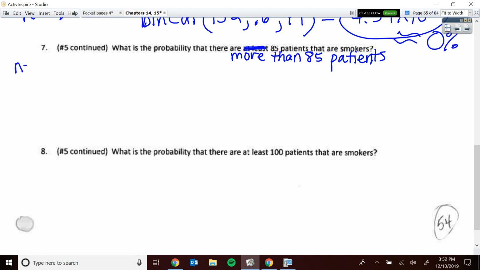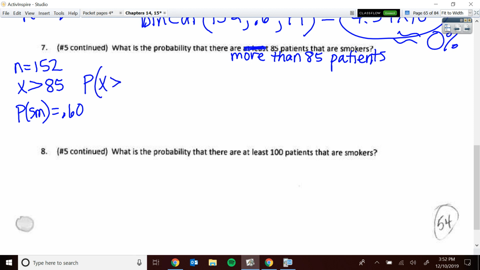So we still have 152 patients. We want greater than 85, and our probability of being a smoker if you have lung cancer is 0.60. Let's write our work, and then we'll talk about what you compute.